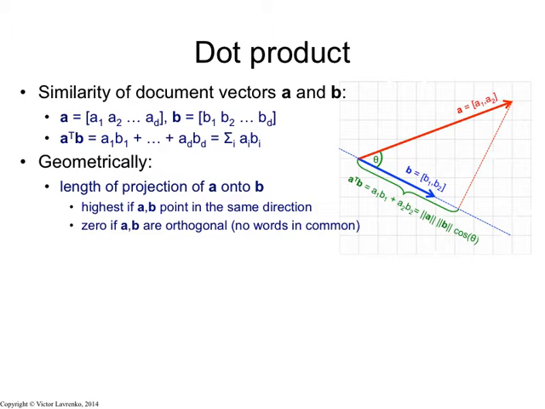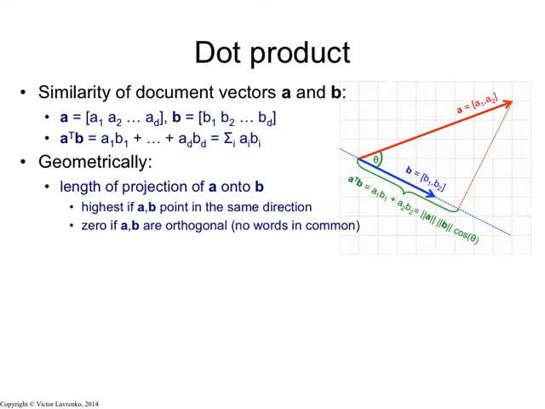So they're going to be either 0 or positive. And if that's the case, the only way you can have perpendicular vectors is if there is no overlap between the words in vector A and vector B, so they don't overlap at all.